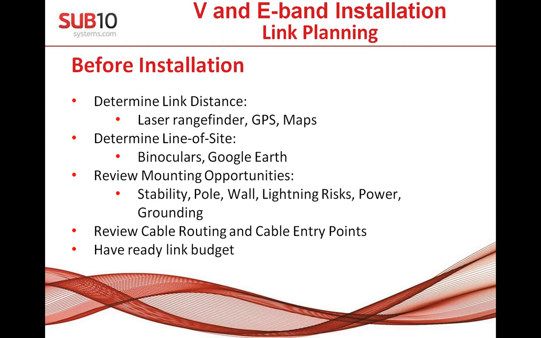First, you have to know where the link will be installed. You don't need to know the exact coordinates, I don't know, 1 meter precisely, but you have to know the area, like which city it is, and you need to know the link length. There are different ways to calculate or obtain the link length.